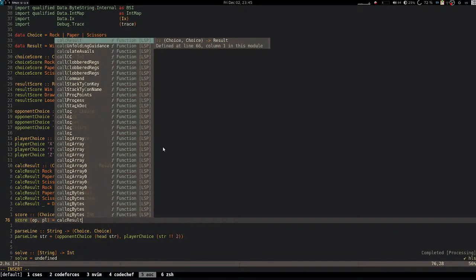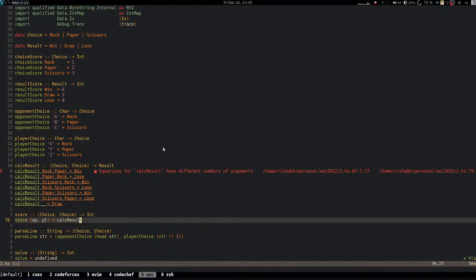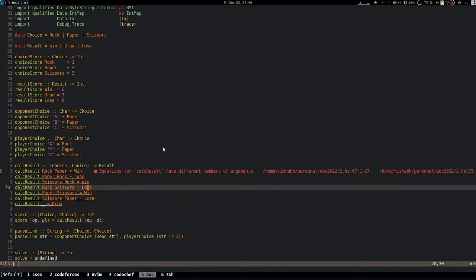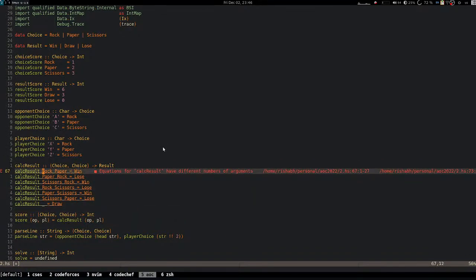Now we calculate the result and then pass it the opponent and player choices. Ah, that's a big one.